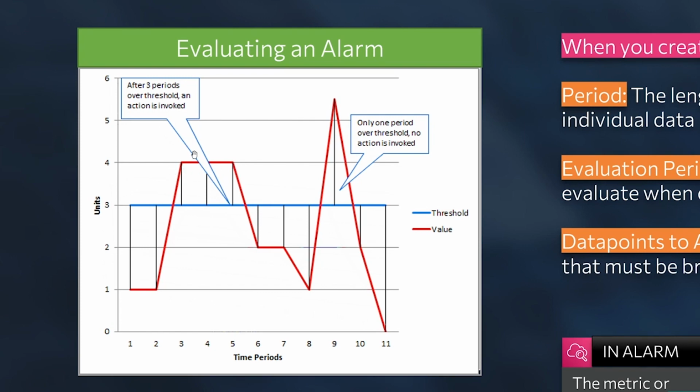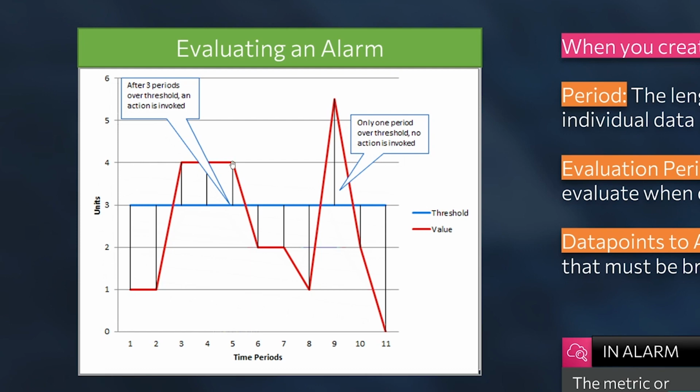So this is the placeholder where the alarm will be triggered. As you can see here, after 3 periods over threshold, an action is invoked because it has crossed the threshold value and it has crossed 3 data points, 3, 4, 5, and 3 time periods as well.